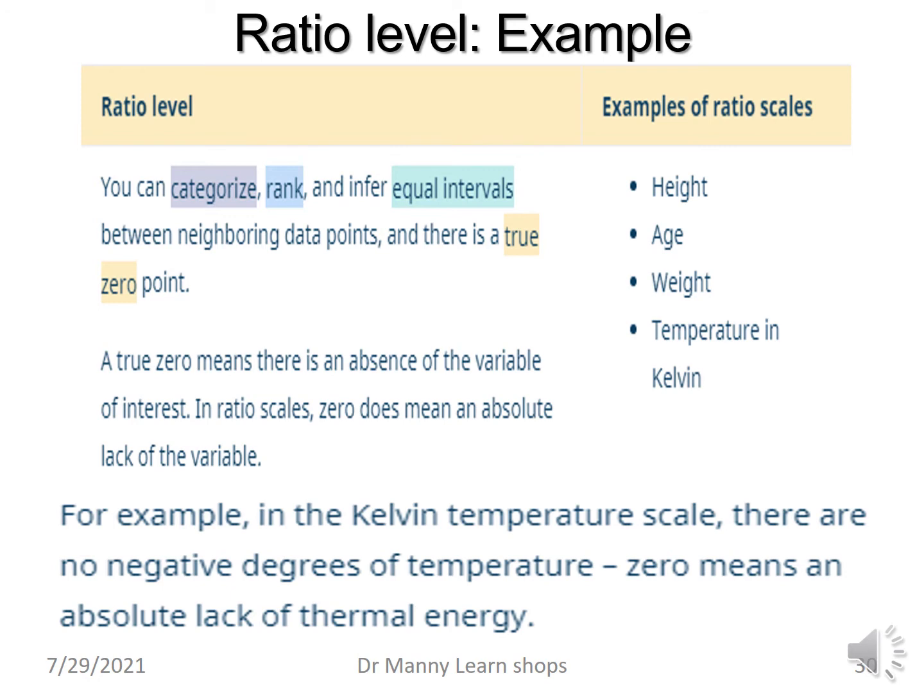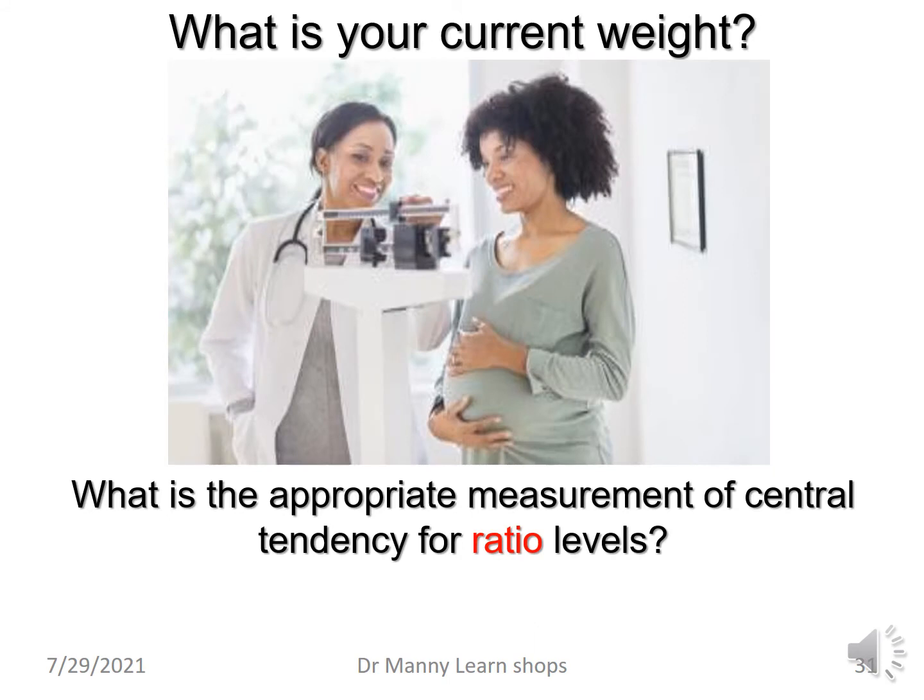So examples of a ratio level: height, age, weight, and temperature in Kelvin. So here's an example. What is your current weight? What is the appropriate measurement of central tendency for a ratio level? The answer would be mean, median, or mode.